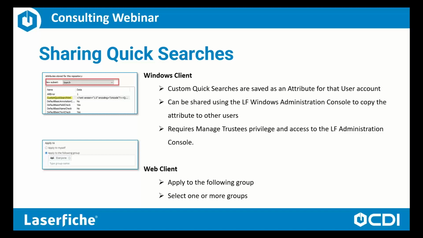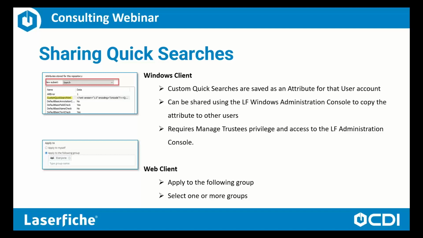In the Windows client, it is a little more involved to share quick searches. After creating your quick search in the Laserfiche desktop client, the Laserfiche administration console will be used to view that Laserfiche user attribute, and you can then copy that to other users.